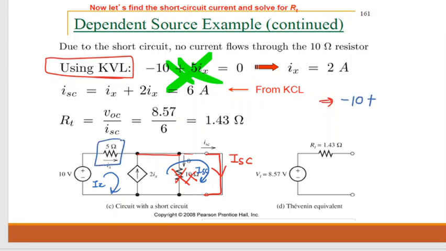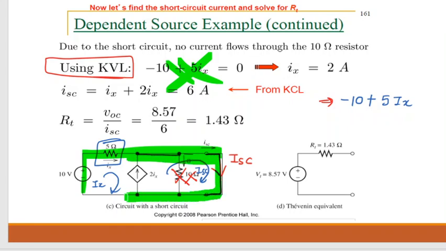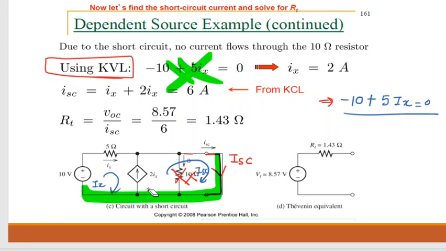Plus, starting from the path where the current source isn't. I told you, current source, obviously currents.